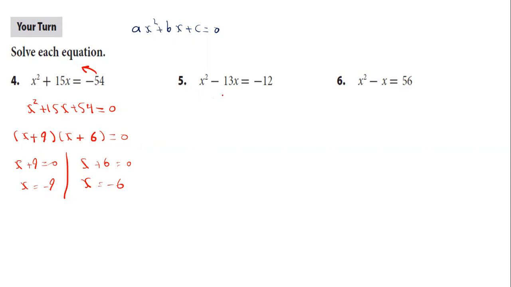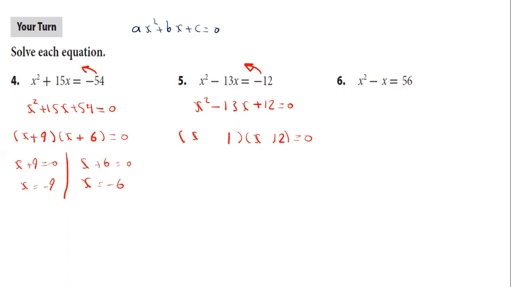Okay, number 5, the same way, I have to move 12 to the other side, so x squared minus 13x plus 12 equals 0. Factorize the trinomial. So here x, two numbers: their product is 12, their sum is 13. 1 times 12 is 12. 12 plus 1 is 13.